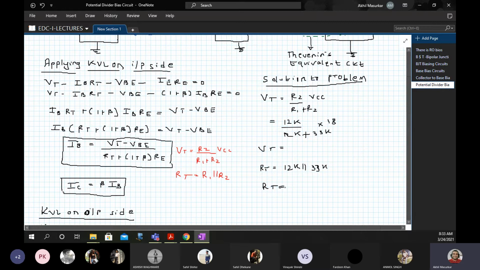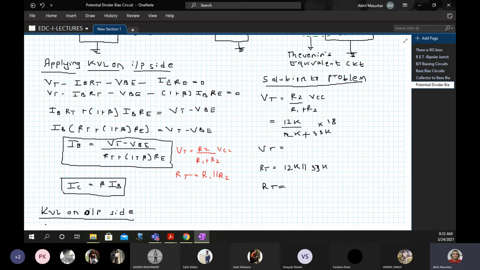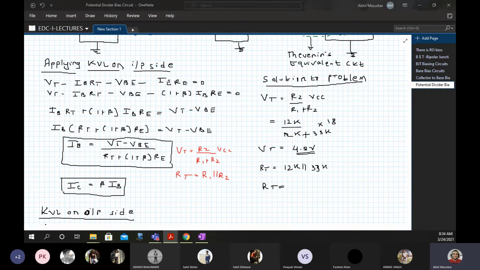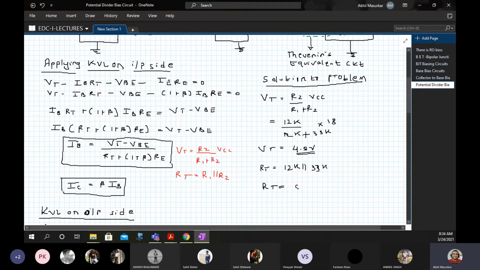Post your answers in the chat box. So I think VT is going to be 4.8 volts. Just check it. And 12K parallel to 33K, that is 12 into 33 upon 12 plus 33. So that should give me, let me calculate it. So I'm getting this as 8.8 kilo ohms.